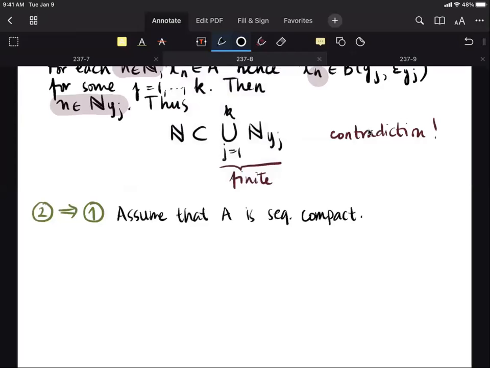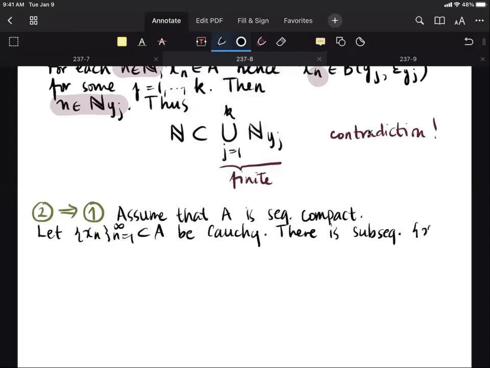So for completeness, let's start with a Cauchy sequence in A. And according to sequential compactness, one can find a subsequence, let's say x sub n_j, for which this sequence converges to x for some x in A. So here we have a Cauchy sequence with a convergent subsequence.